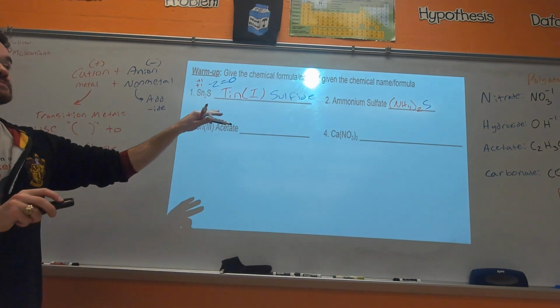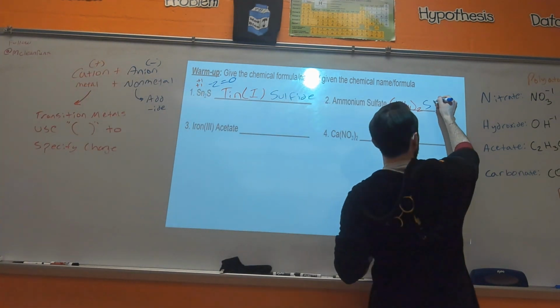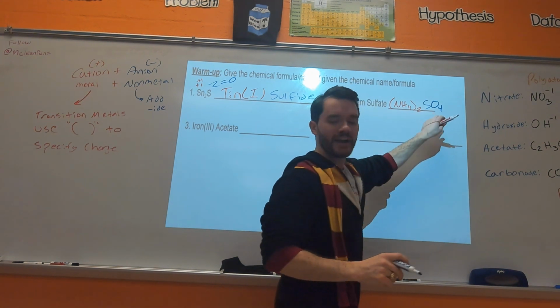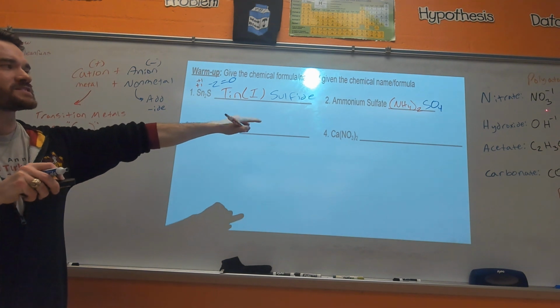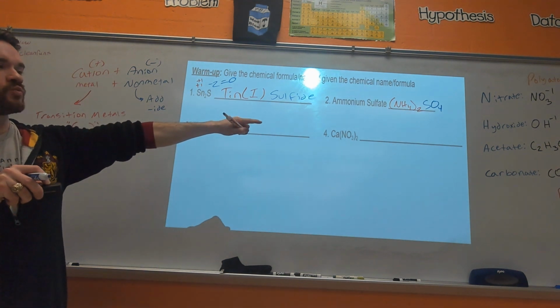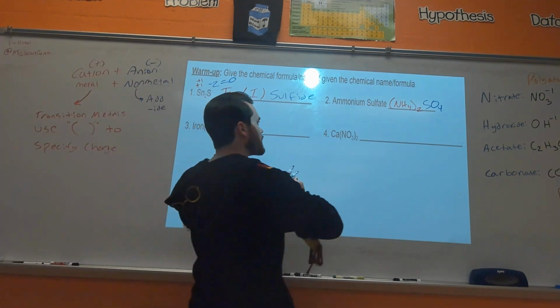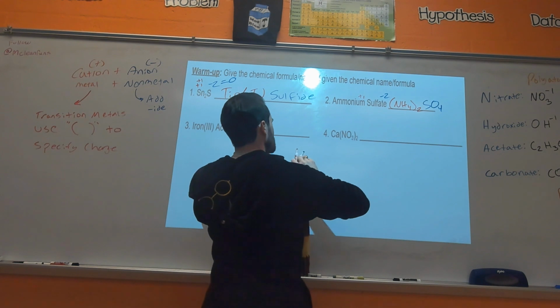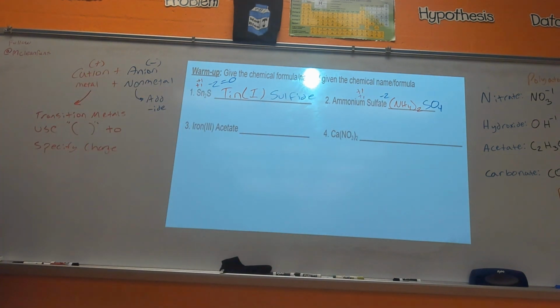So you have to memorize these polyatomic ions over here. So sulfate would be SO4, but you are right, like this would be correct because sulfate is a -2 charge, and ammonium is a +1 charge. That's why we need 2 ammoniums. Each ammonium is a +1. Each sulfate's a -2. That's why we needed 2 ammoniums to cancel out the -2 of the sulfate.